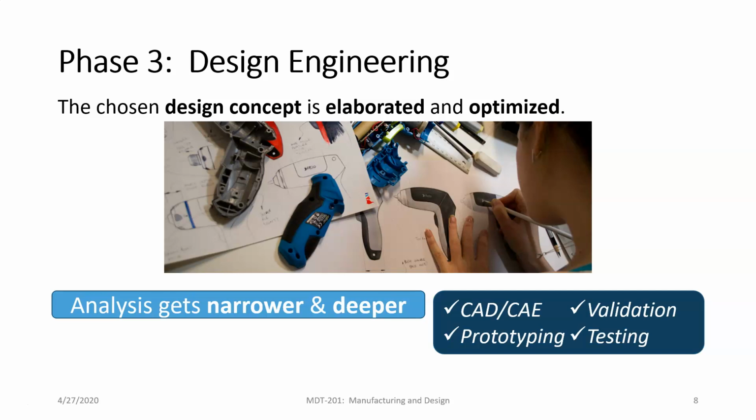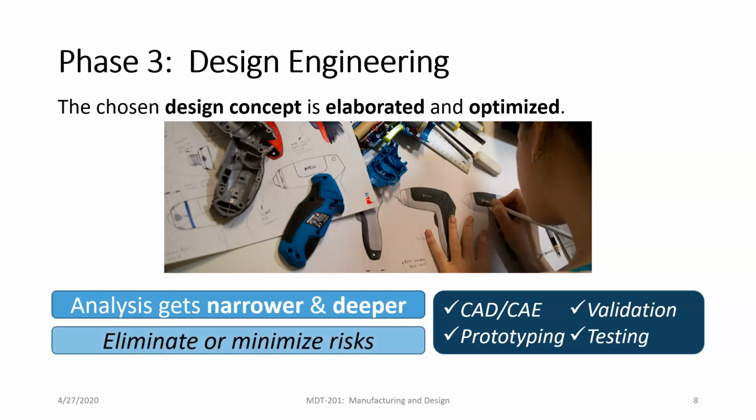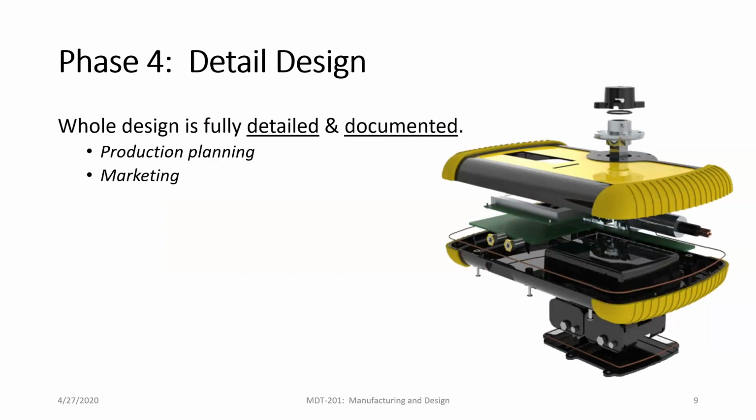Validation studies and testing. Our goal here is to eliminate or minimize risks, right? So we want to do all this testing, all this prototyping, all this computer simulation so that we're not bitten later on down the road with something that isn't going to work, that we should have found out earlier.